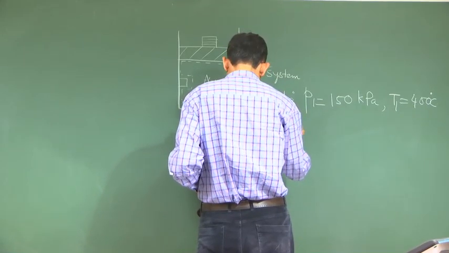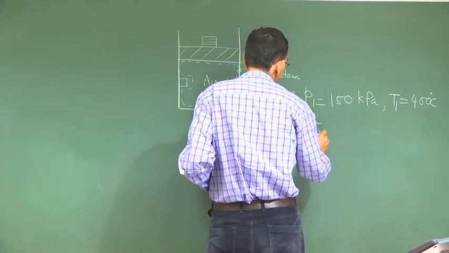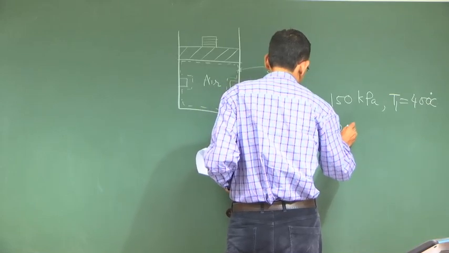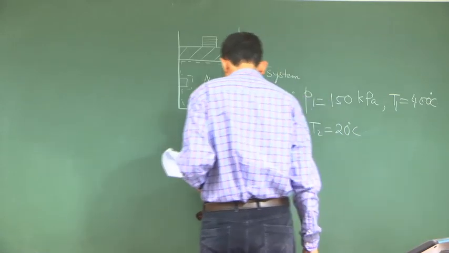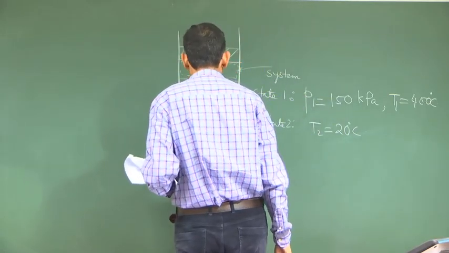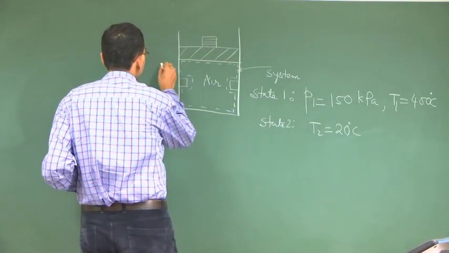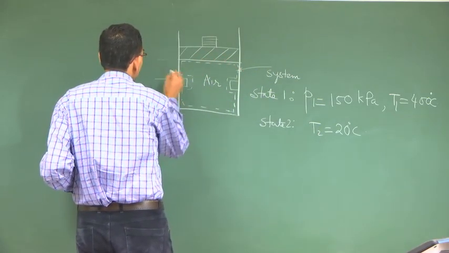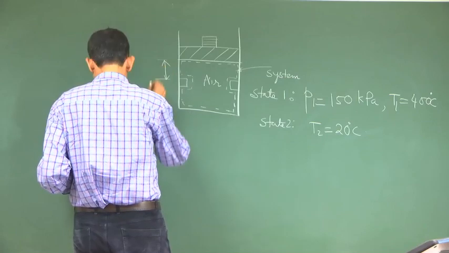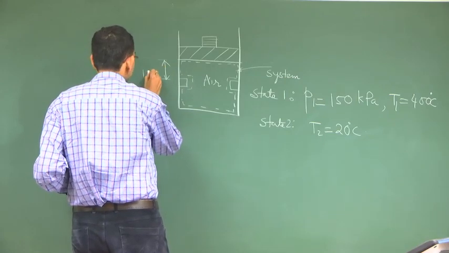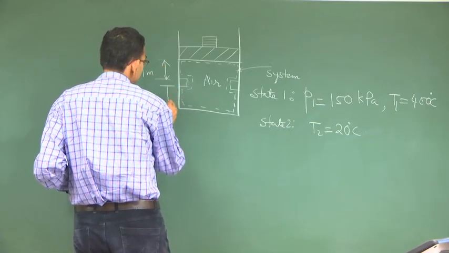State 2 is T2 is equal to 20 degree centigrade, and this length is 1 meter and this length is 1 meter.